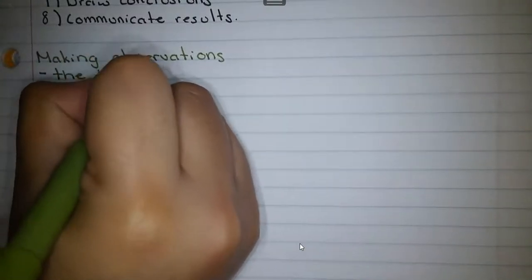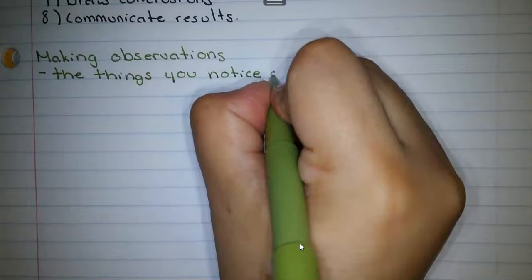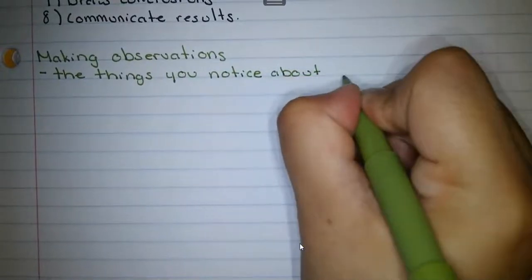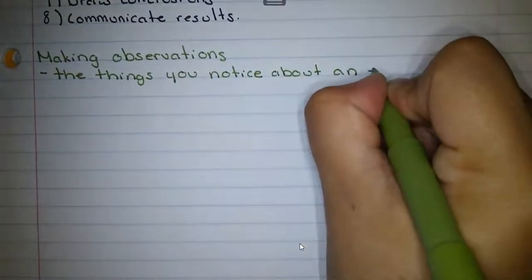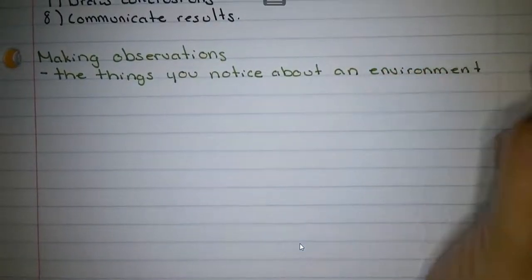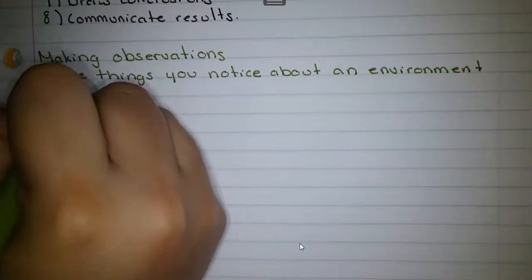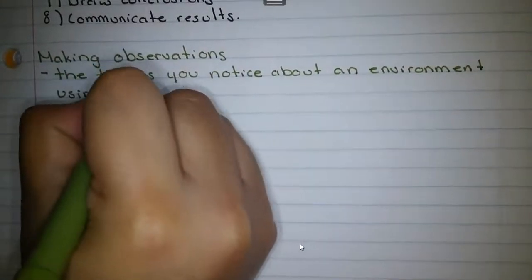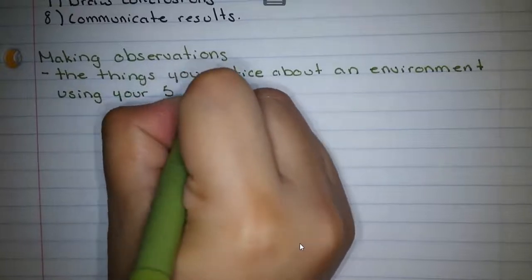So the first one is making observations. And basically, this is the things you notice about an environment using your five senses.